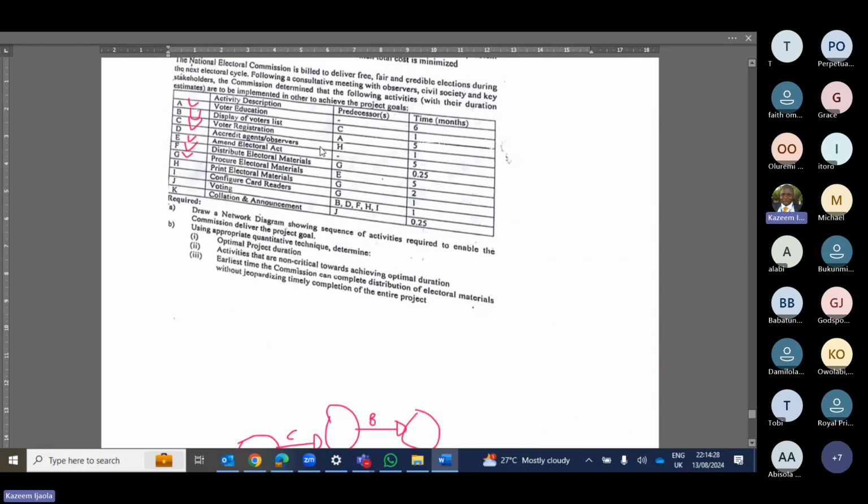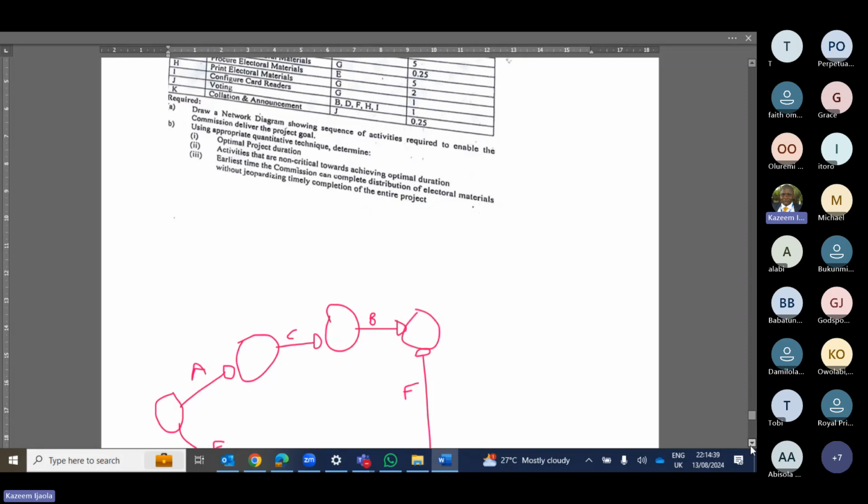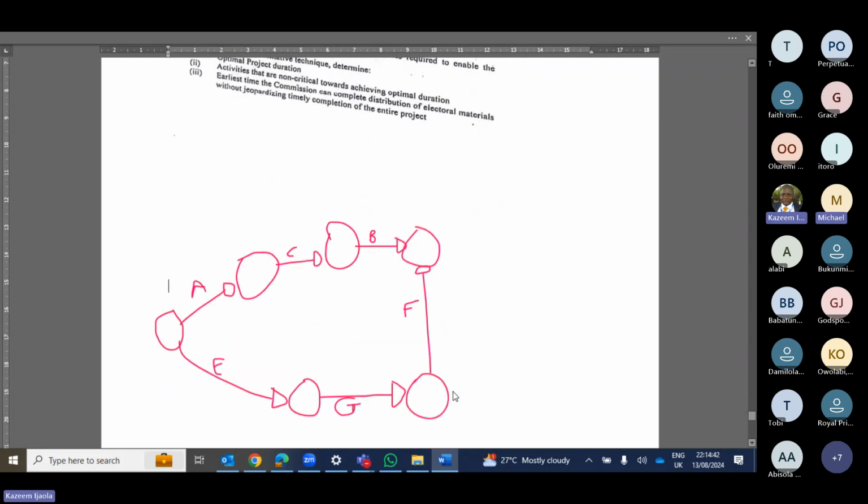Now, H is from where? H is from G. Okay, and remember, B, D, F, H must be together. H is from G. Have I done G? Yes. Now, guys, let's see the first rule. H is from G and it must go. So will I now do it like this? I cannot do it like this. It violates my rule. Do you get me, guys?